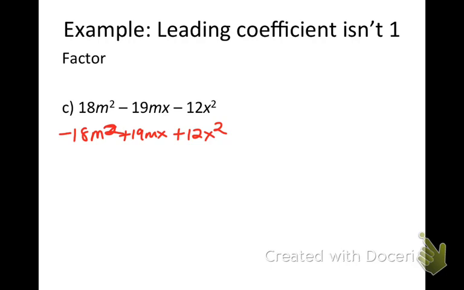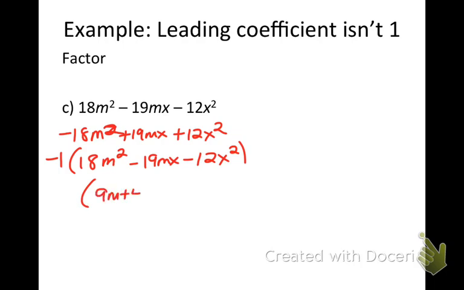You could end up factoring it and keeping it there, but it's always wise to factor out the negative 1 first. And then you would factor what's left over. So what was our answer for that one again? It was 9m plus 4x and 2m minus 3x.